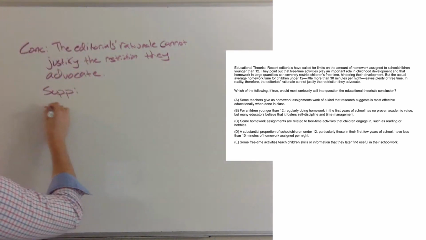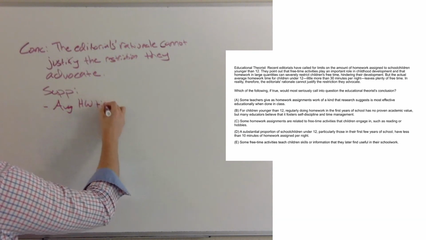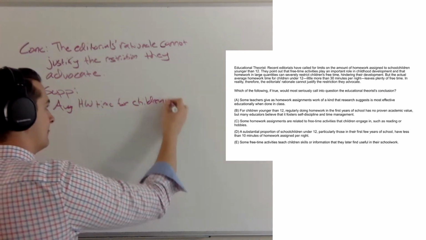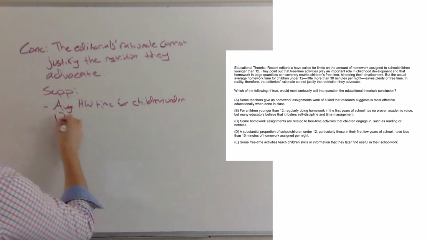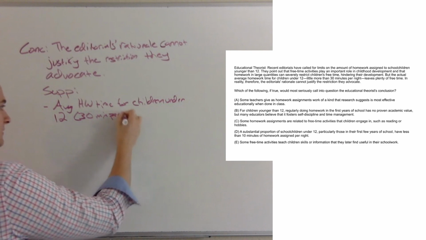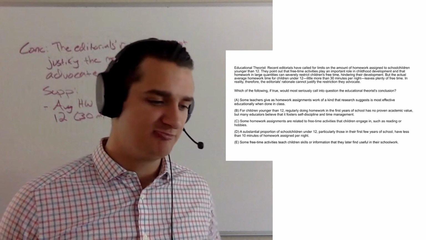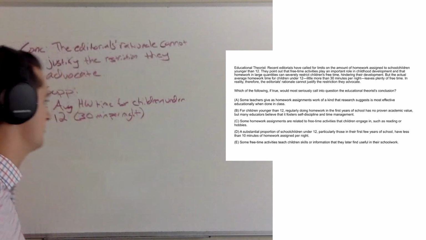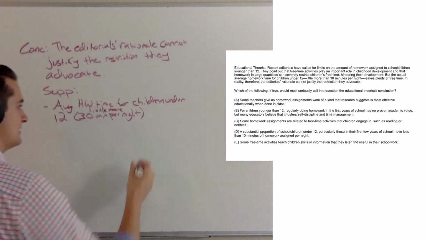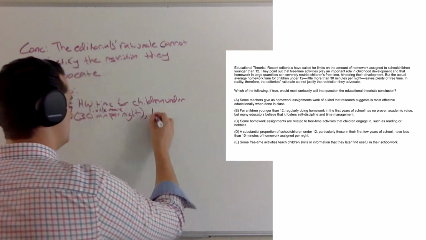So: average homework time for children under 12, 30 minutes per night, which actually, technically, I should keep in their own words, and it says a little more than 30 minutes per night. Leaves plenty of free time.